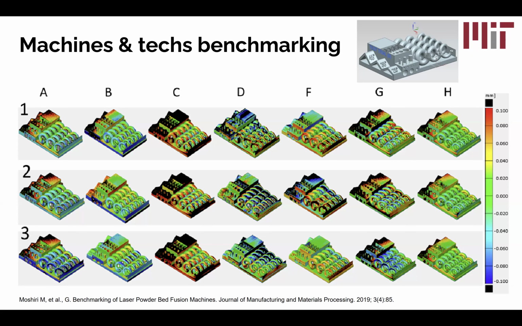There have also been other types of benchmarks developed in literature. For example, there is this spiral sample that was designed for molding companies, where the spiral channel resembles conformal cooling channels.